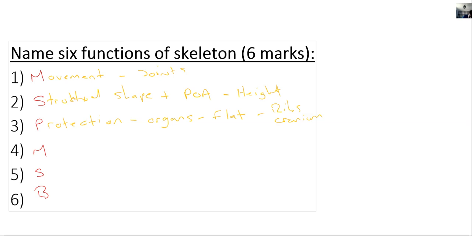Our next M is going to be mineral storage. As ever, we talk about bones there, so bones and calcium stored to help with strength and various other things there.